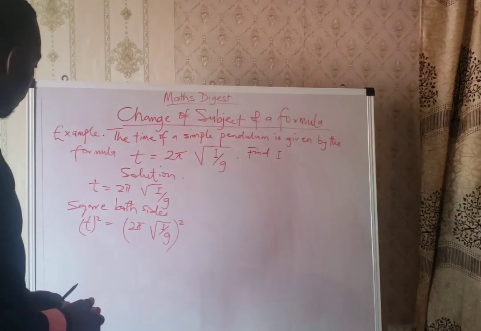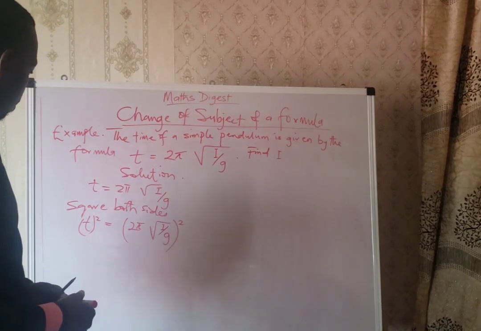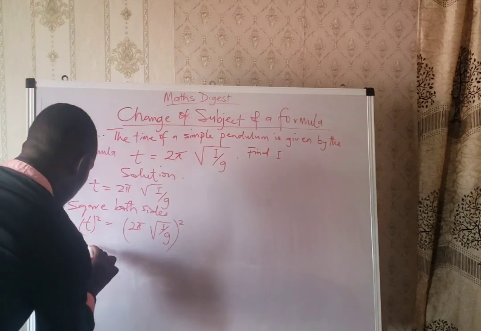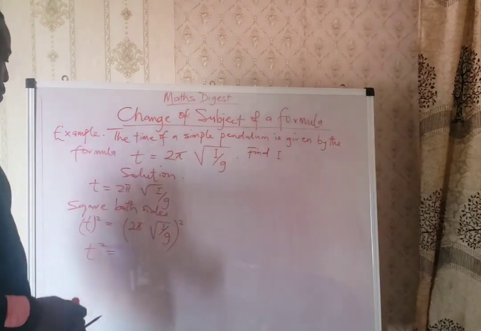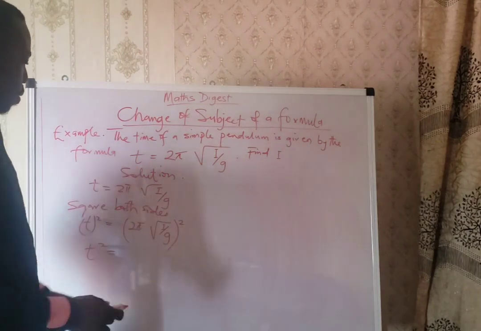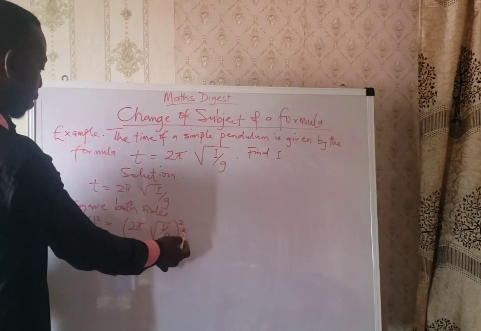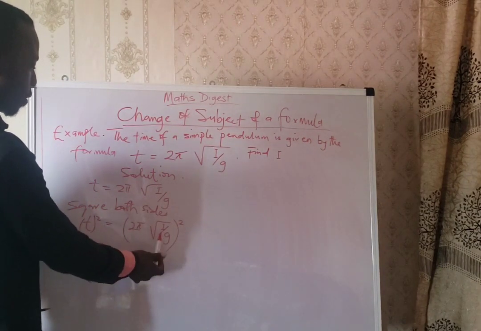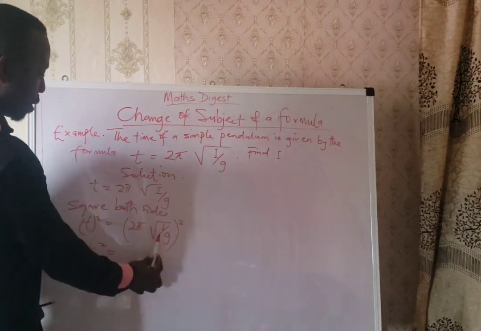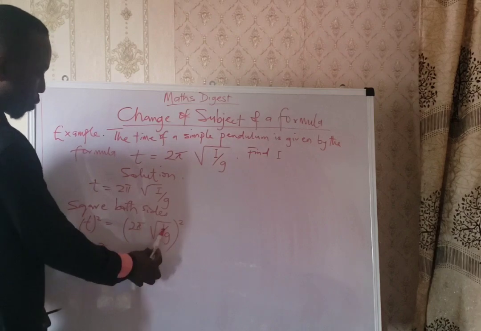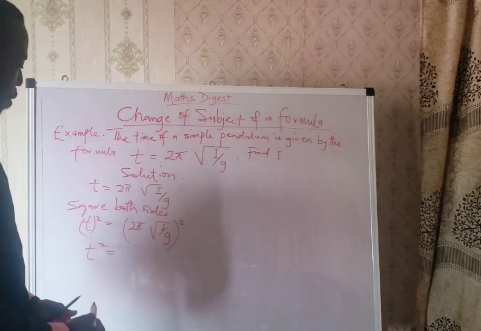Now, coming to this side, t squared is equal to. Now here, this square will affect this separately and affect this separately. Remember, this 2 pi is multiplying this. This is not part of what we have in the square root.